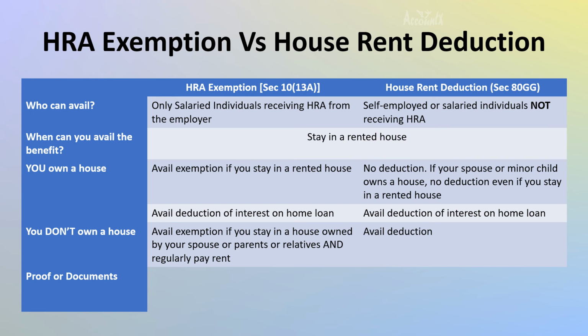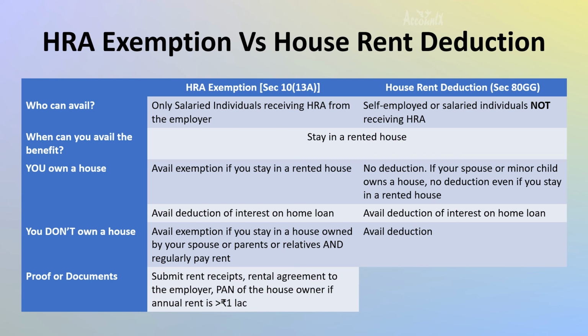In order to avail HRA exemption benefit, you are required to submit rent receipts and rental agreement to your employer. PAN of the house owner would be required if the annual rent is more than 1 lakh. In order to avail deduction under section 80GG, you are required to file Form 10BA online on the income tax portal before you file your income tax return.